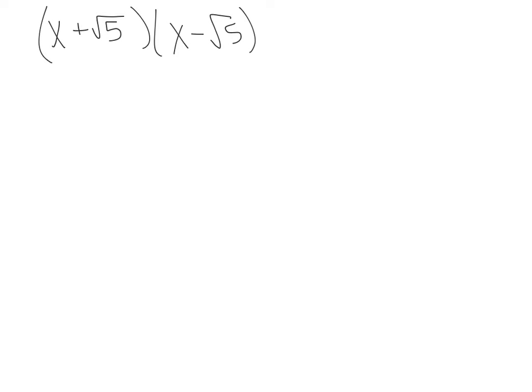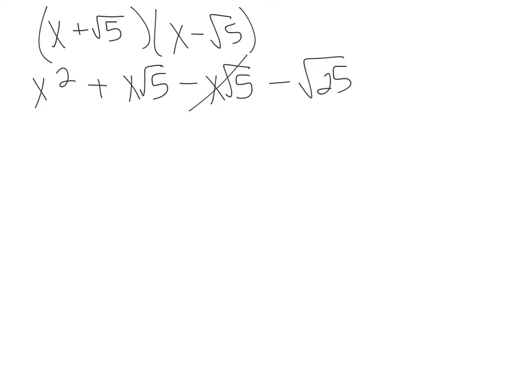And it was a really easy way to get rid of the radical, because if we FOILed it, I'd get x squared plus x square roots of 5 minus x square roots of 5 minus square root of 25. You know, the middle cancels out, x squared minus 5, right? So it was a really easy way to get rid of the radicals, by multiplying it by its conjugate.